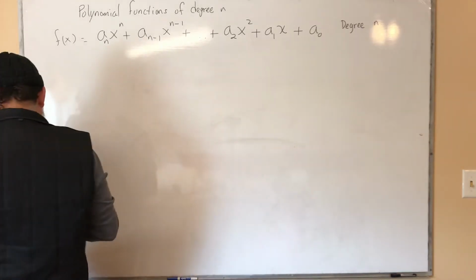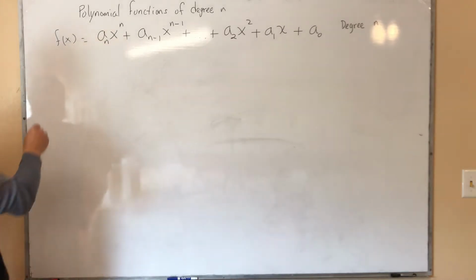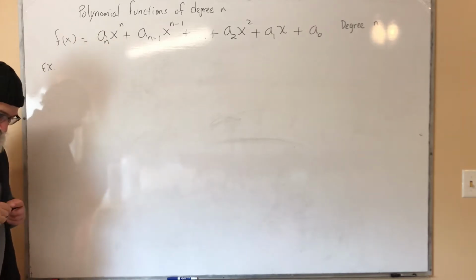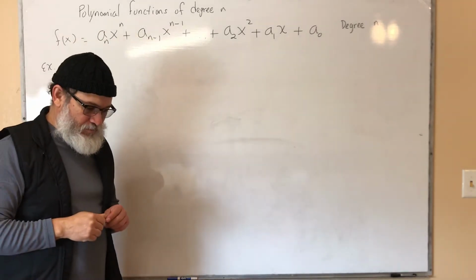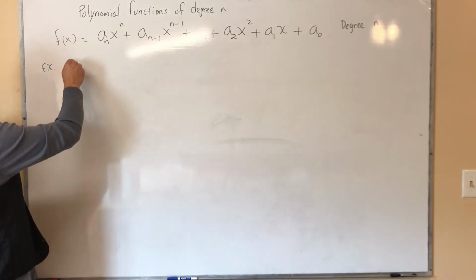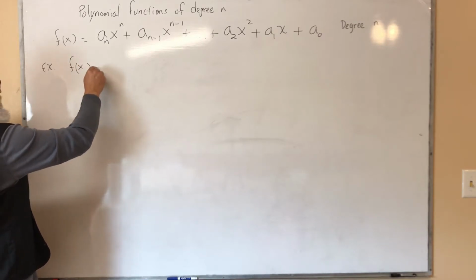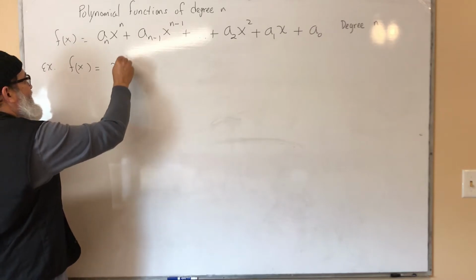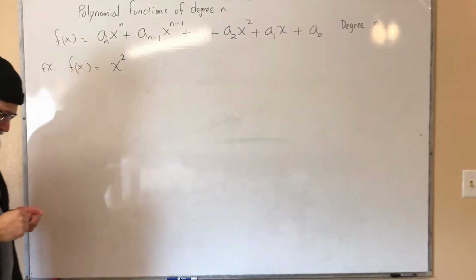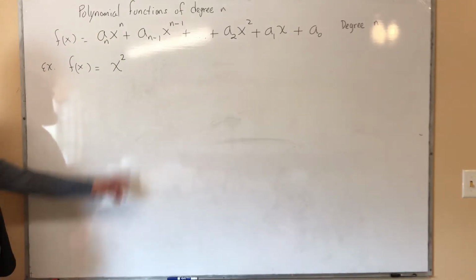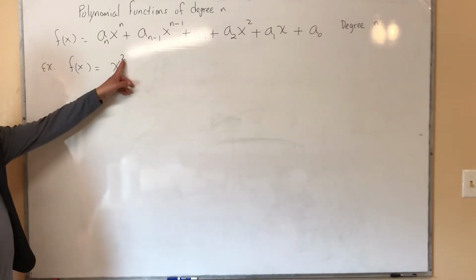So let's give some examples. Here's a polynomial function, f of x equals x squared. Okay. This is a polynomial function of degree 2. Look, power of 2.